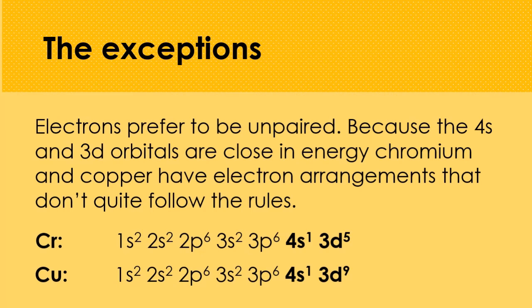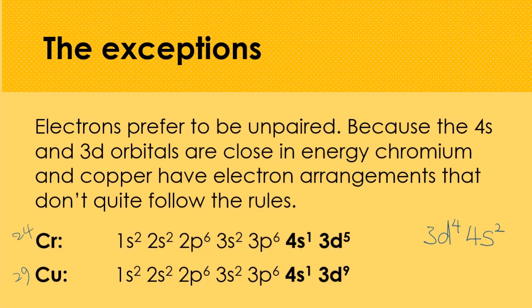In filling in electrons, there are some exceptional rules, especially when it comes to transition elements with atomic numbers 24 and 29. For 24, if we use the usual way of filling electrons, we should have 3d4 and 4s2.